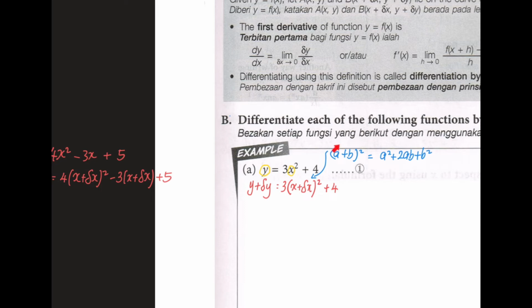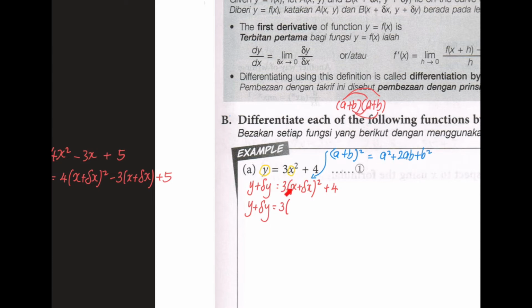You just do a plus b and then a plus b again, and multiply. You will still get the same result. If you can be fast, then my suggestion is to use a plus b power 2 straight away. So it's up to you. Let's say you can be fast and take the blue color formula straight away.